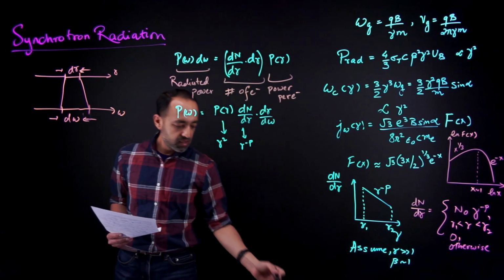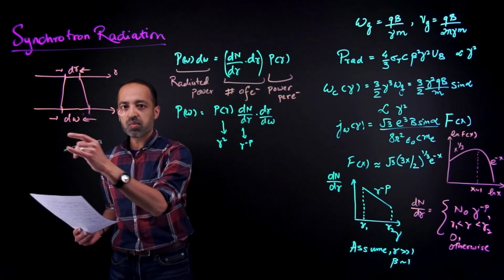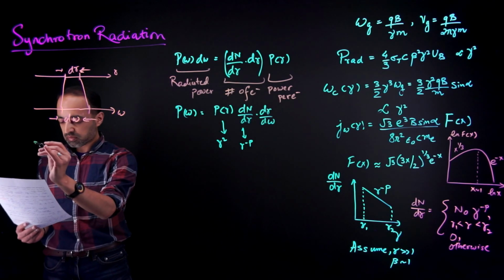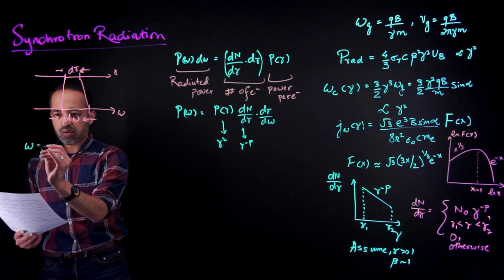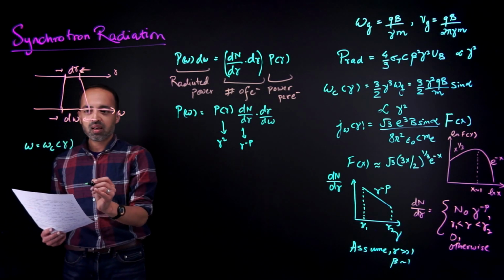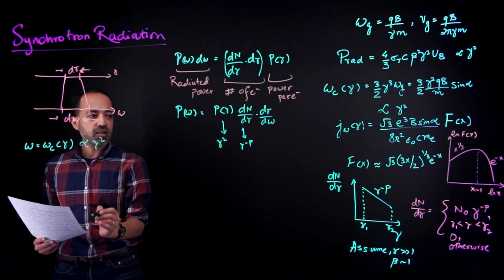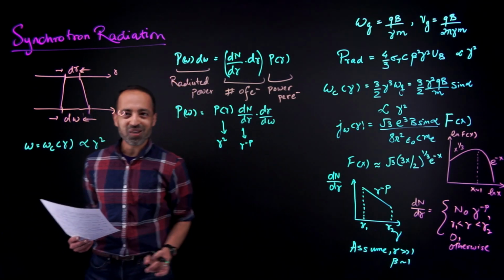Right, so all we need to do is transform this d gamma into this d omega using this omega c. So this omega here, I'm just going to write it here and then add it back up here, corresponds to the omega c of gamma, which is proportional to gamma squared.